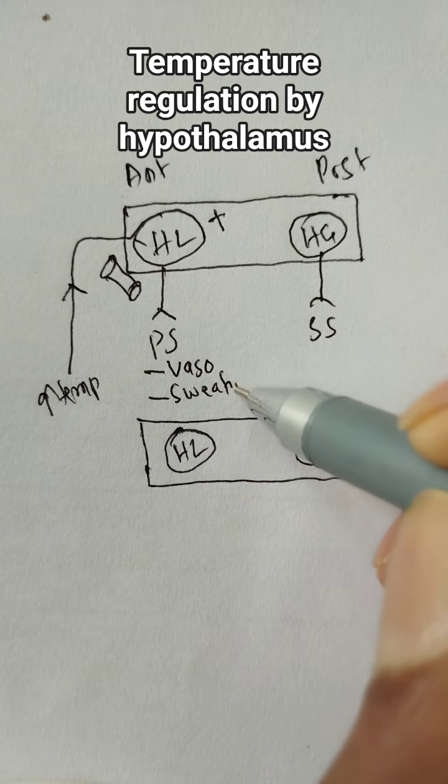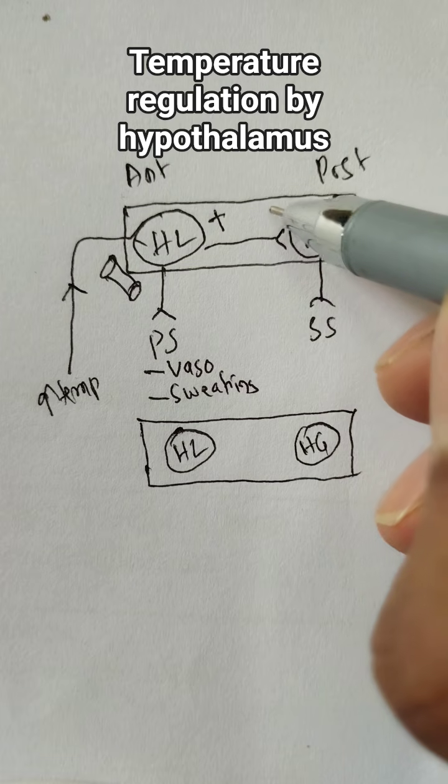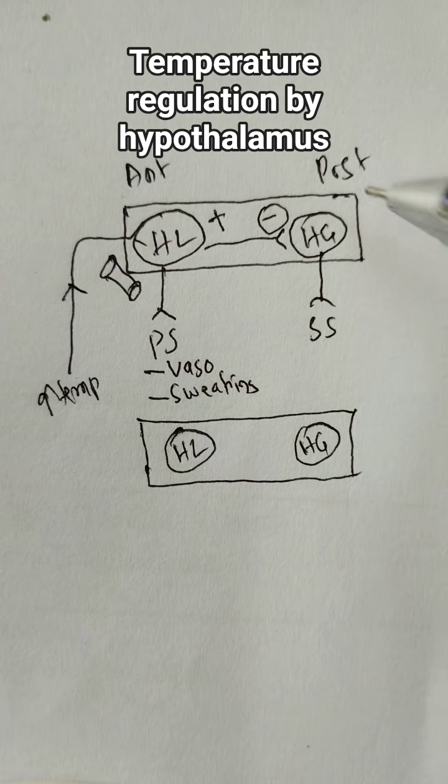So that decreases the body temperature. At the same time, this is going to inhibit the posterior hypothalamus, so that there is no sympathetic activity.